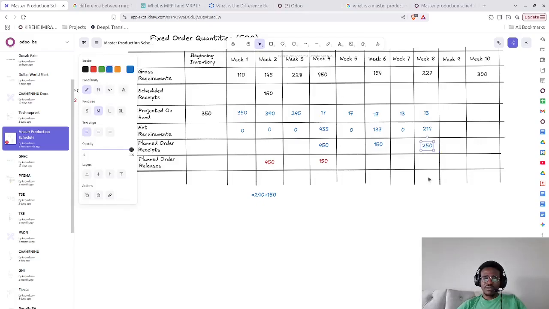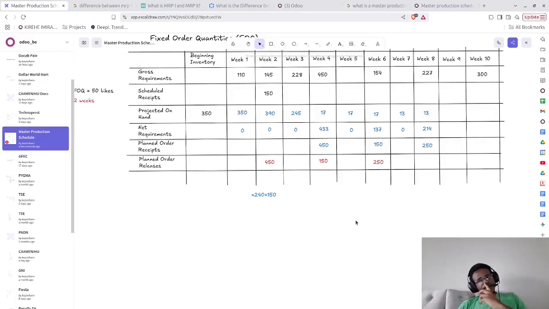And for me to receive 250, I must make the order in week 6. So I'll just stick that and put it here. And there we go. That's 250. Whoa! So 250. Now how many bikes do I have in stock?